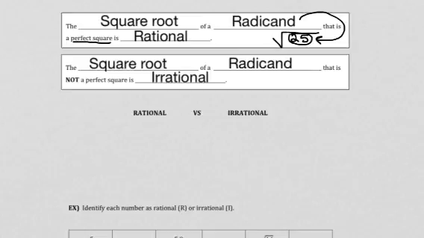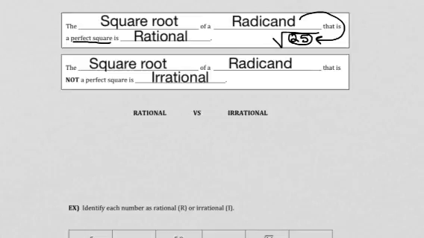In the next box, it says the square root of a radicand that is not a perfect square is irrational. So let's think of a number that is not a perfect square. In the previous videos, we did perfect squares were 0, 1, 4, 9, 16, etc. So let's pick a number between 4 and 9 because those two are perfect squares.